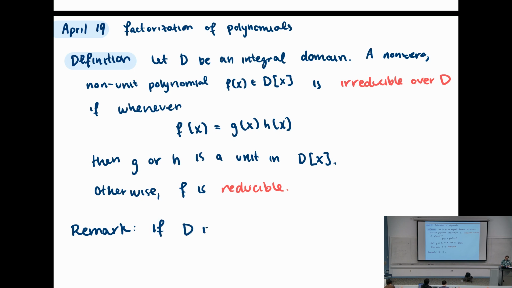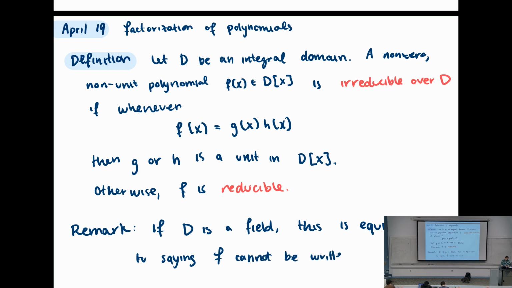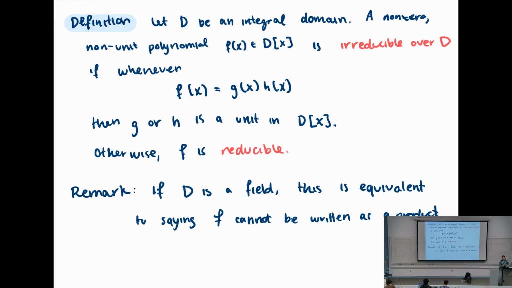So if D is a field, this is equivalent to saying f cannot be written as a product of polynomials of lower degree. Okay, does it make sense?